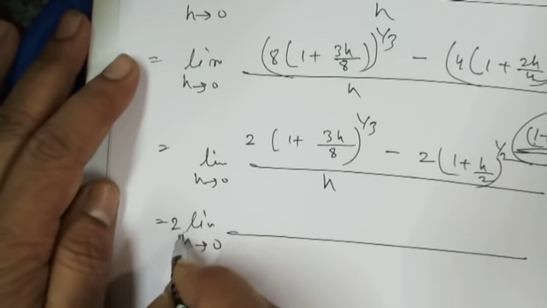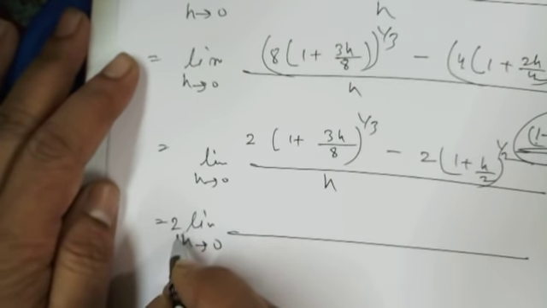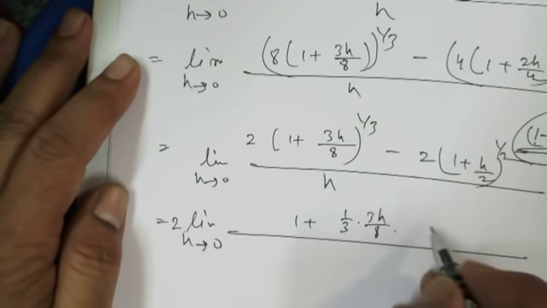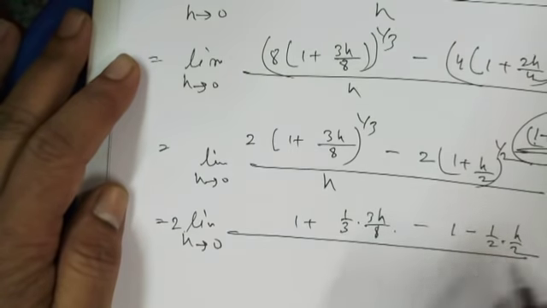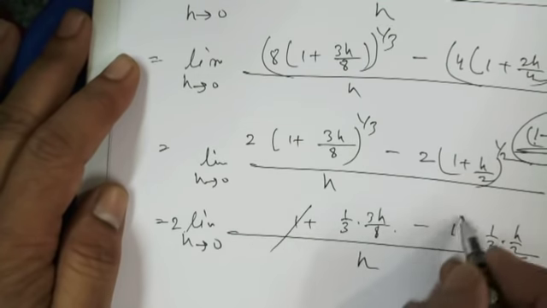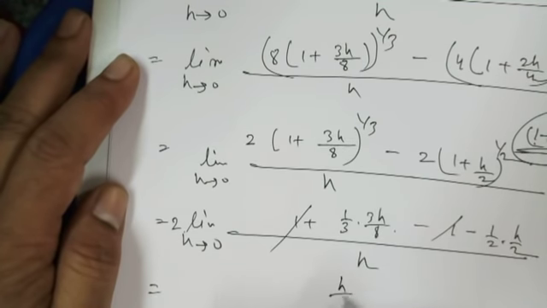Taking 2 out of the limit, this is 1 plus 1/3 of 3h according to BT, minus 1 minus half of 2h by 4, upon h. The 1 cancels, and this is h upon 8 minus h by 4, and this is minus h upon 8, upon h, and this will be the 2, and h cancels. This is minus 1 by 4, the answer.